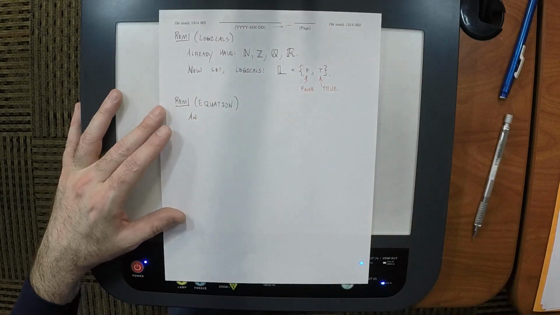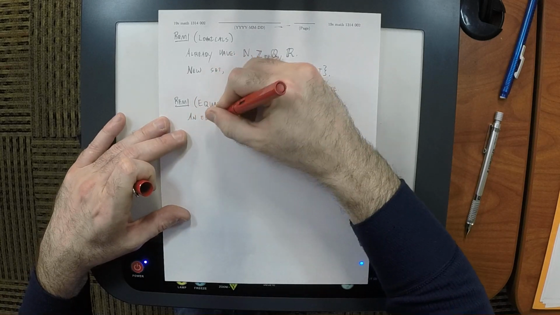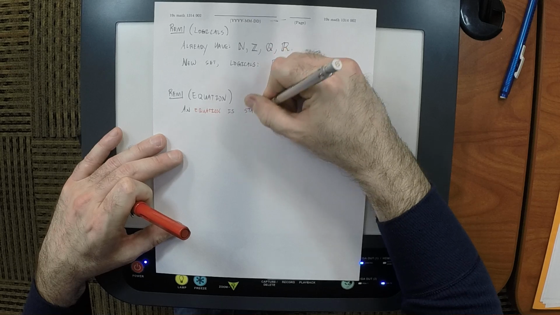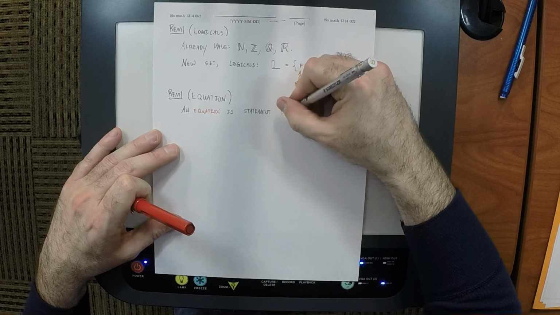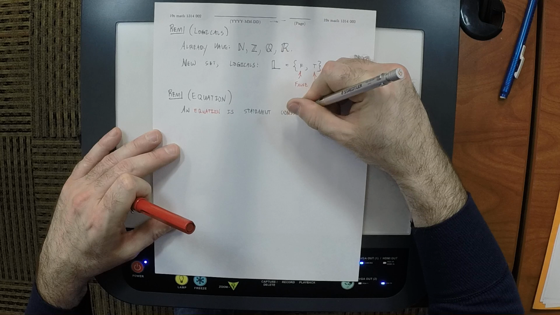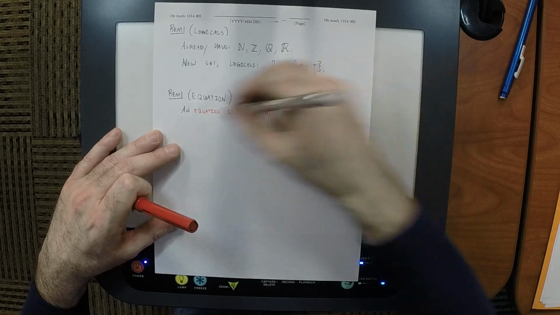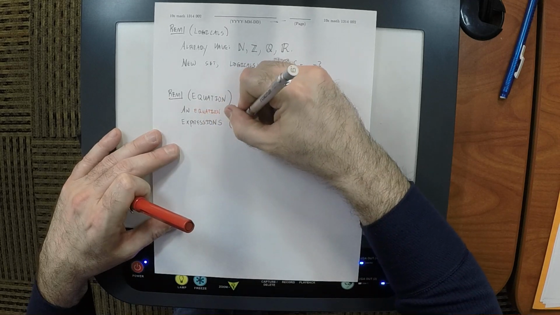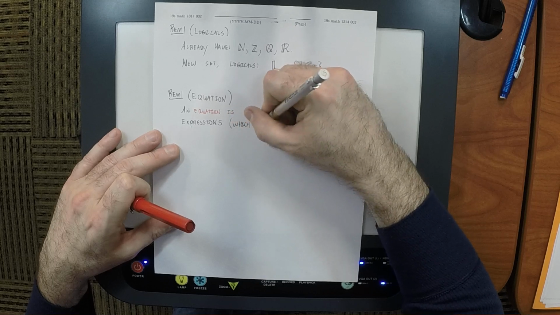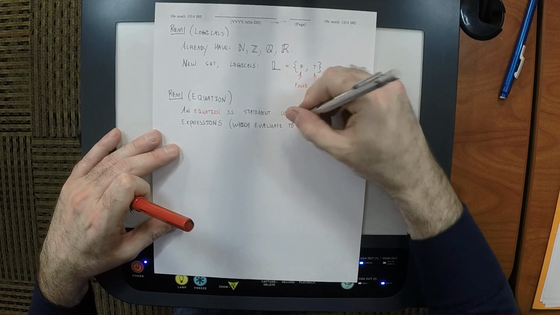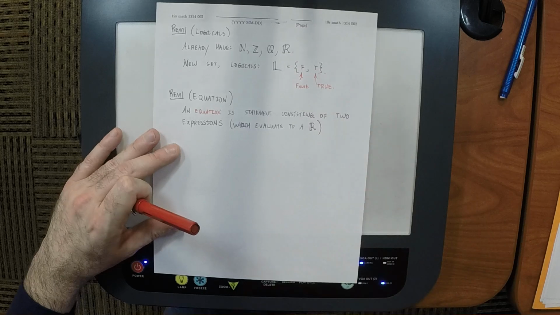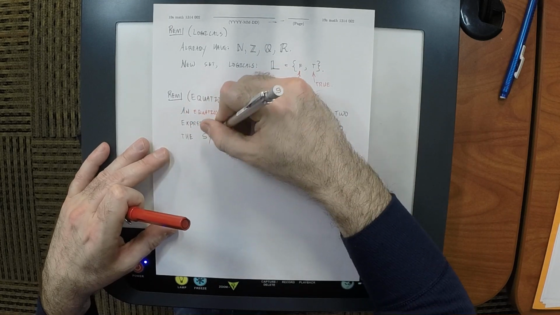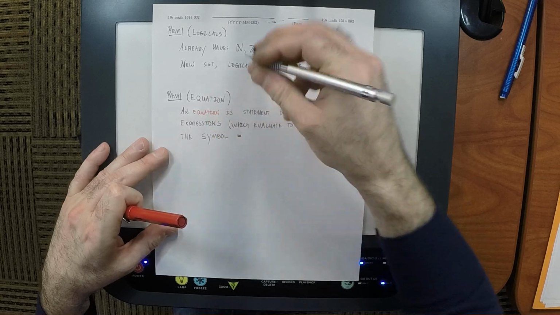An equation is a statement consisting of two expressions which evaluate to a real number, and the symbol equal between them.